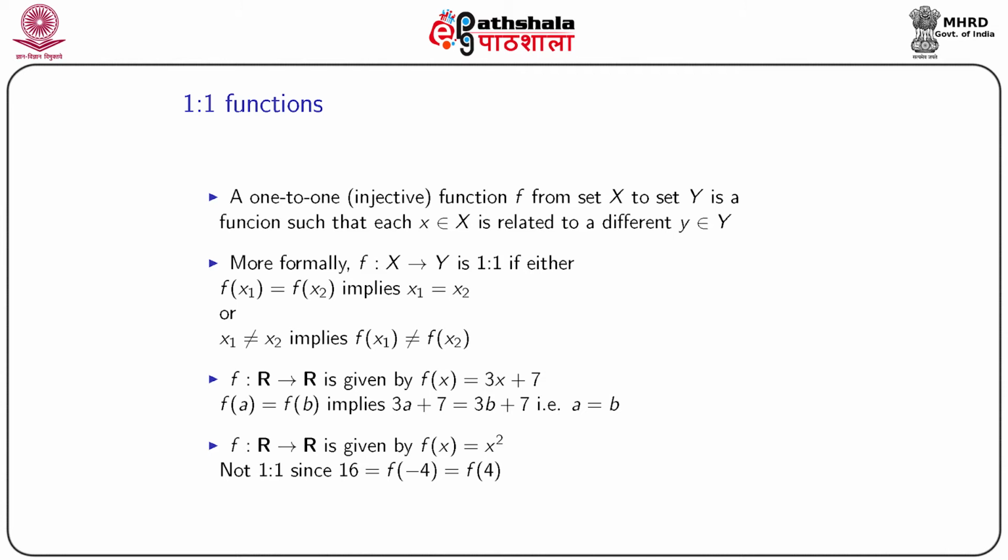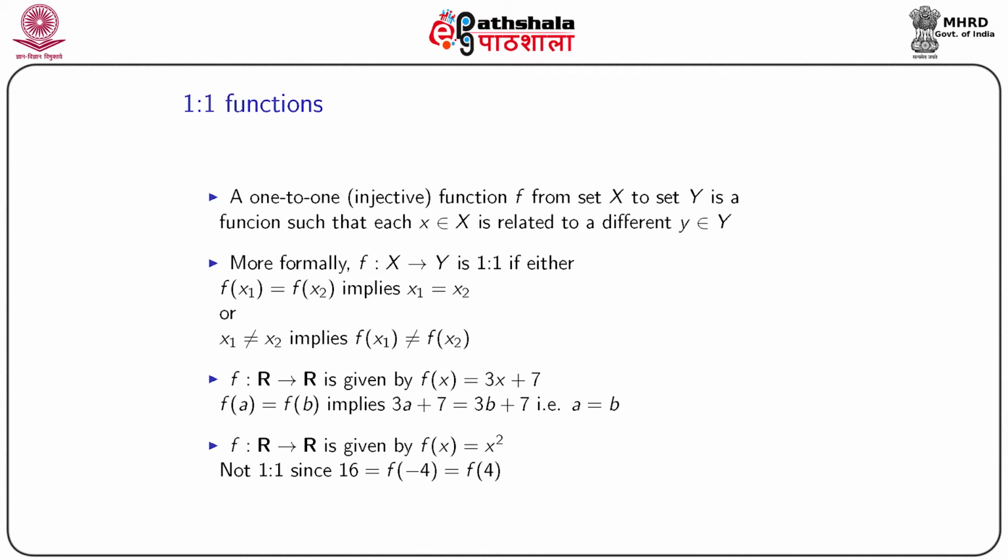That means f(x1) not equals f(x2). Let us consider the example f(x) equals 3x plus 7. This is an equation of a straight line, a simple equation. And here we are mapping from real line to real line. That means given the input x, they are all real valued numbers, we will be getting the output f(x), all real valued numbers.